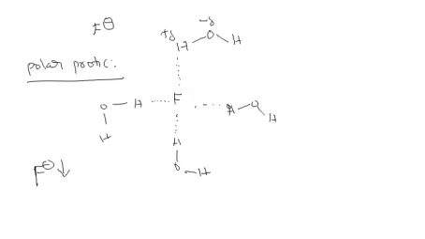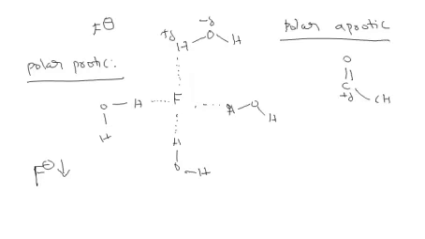In the case of a polar aprotic solvent like acetone, a positive charge is also there, but it is shielded by two methyl groups. So here the positive charge is inside of the molecule, not outside.